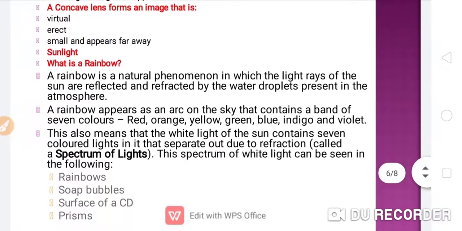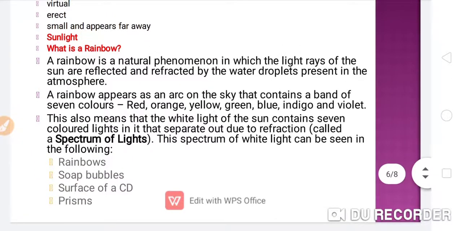Okay, now come to the next point, that is sunlight and the rainbow. So first we are going to discuss the rainbow. A rainbow is a natural phenomenon in which the light rays of the sun are reflected and refracted by the water droplets present in the atmosphere.